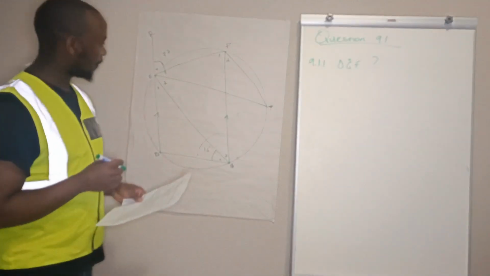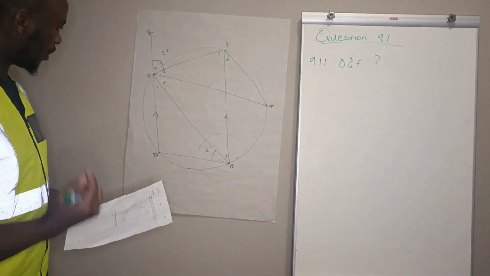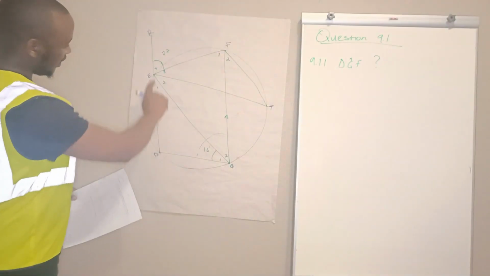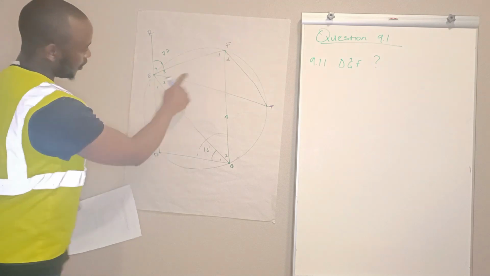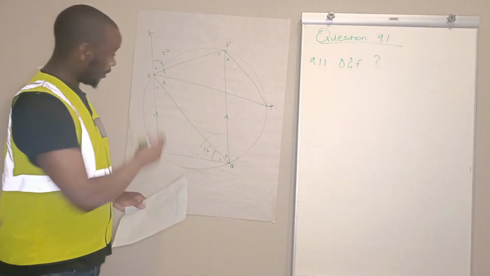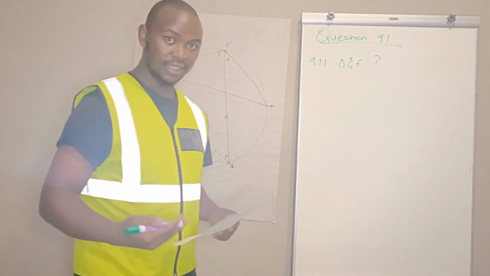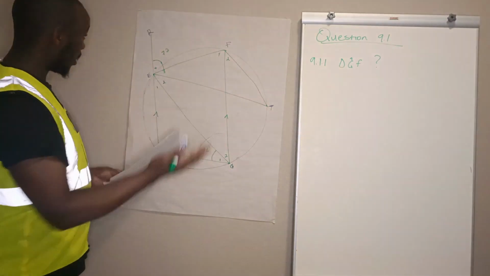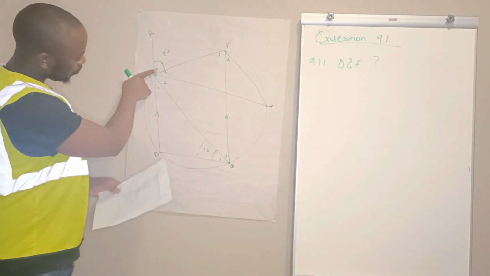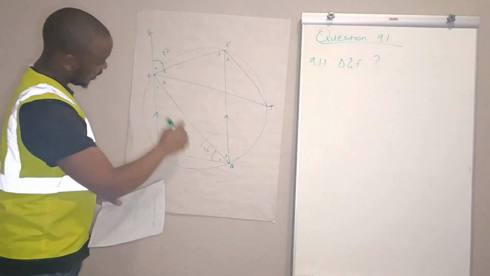In this case, if we just look at the location of DGF, we already see that DGF is opposite DEF. So this angle and this one should sum up to 180 degrees. But do we have this angle? No. So we'll move on to another theorem. So you look again, I see that there's E4, and E4 is the exterior angle of this cyclic quad.